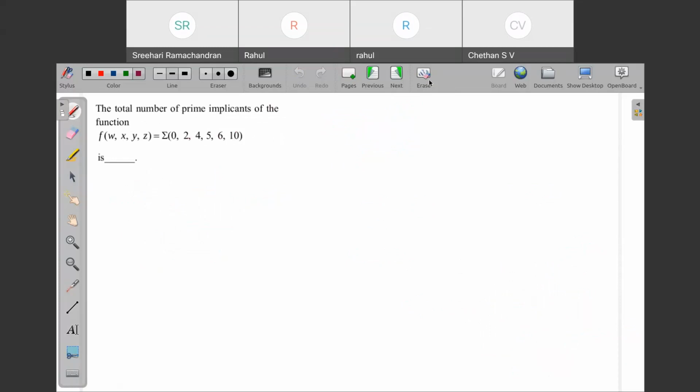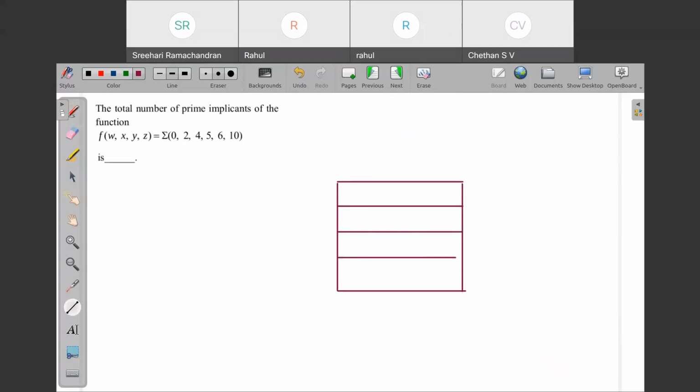Okay, so now solve this very quickly. Such types of questions will be asked. So you need to find the prime implicants over here.